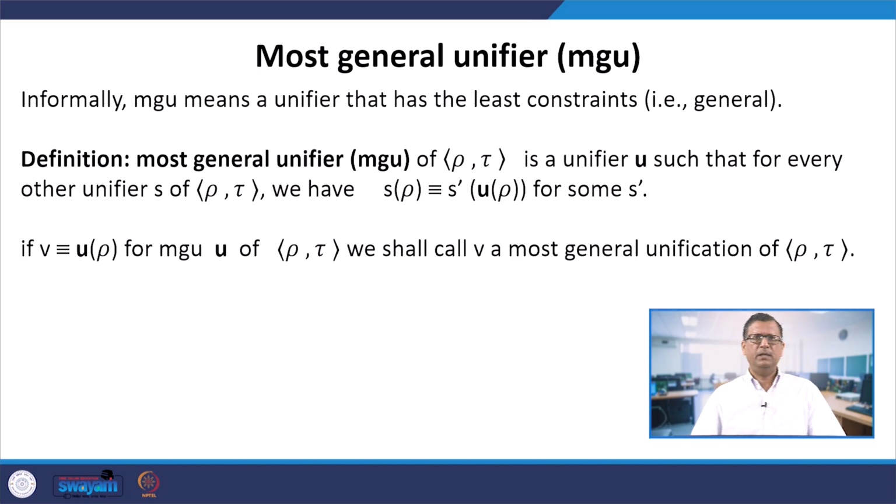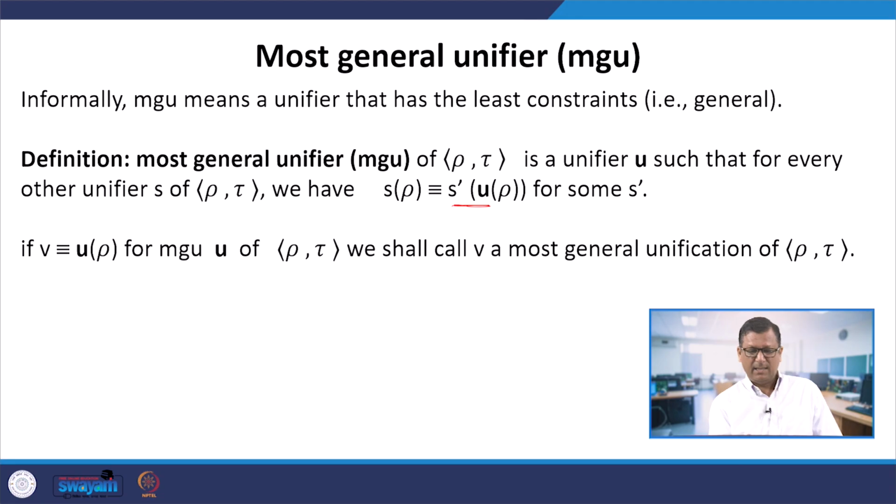Formally, we define the m.g.u of a pair rho tau as a unifier u, which is a substitution, such that for every other unifier S of rho tau, we have S of rho the same as S prime u of rho for some S prime. From the previous lemma, this is basically the composition of S prime and u.